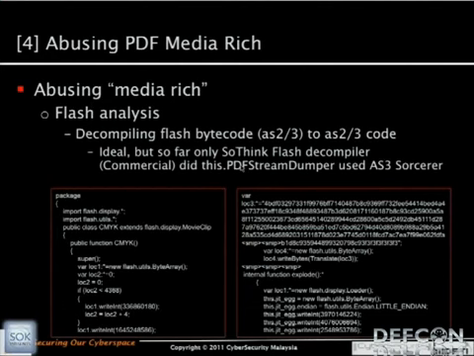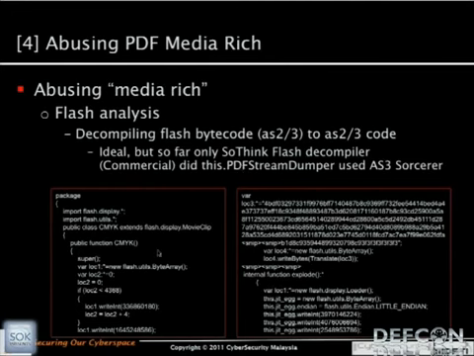Ideally, but so far I've only seen two programs that do proper decompiling on this one, and they're commercial, so you cannot integrate this kind of tool within your parser. So Sothink Flash Decompiler has a decompiler for this one, and if you look at PDF Stream Dumper, they have another proprietary tool as well called AS3 Sorcerer.